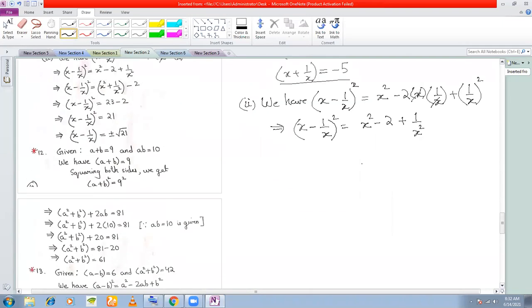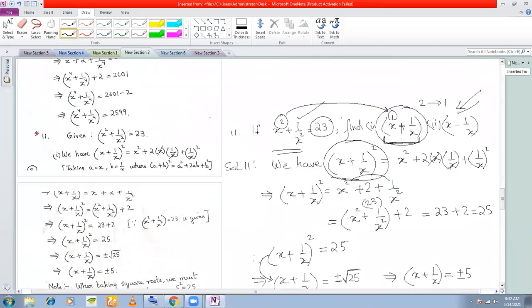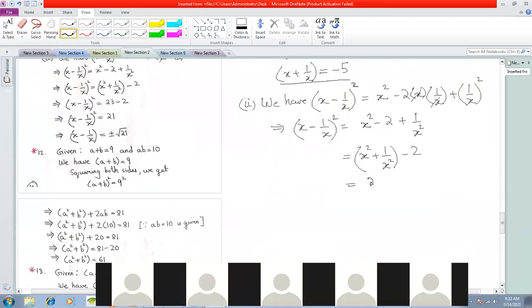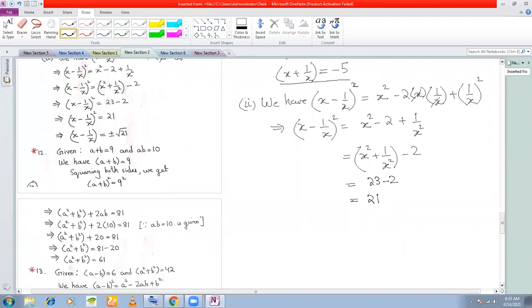Now again here you take x square plus 1 by x square together. And you keep minus 2 separate. Now what is the value of x square plus 1 by x square given to us? The value of x square plus 1 by x square is given to us as 23. So you put the value here. 23 minus 2, which is equal to 21.